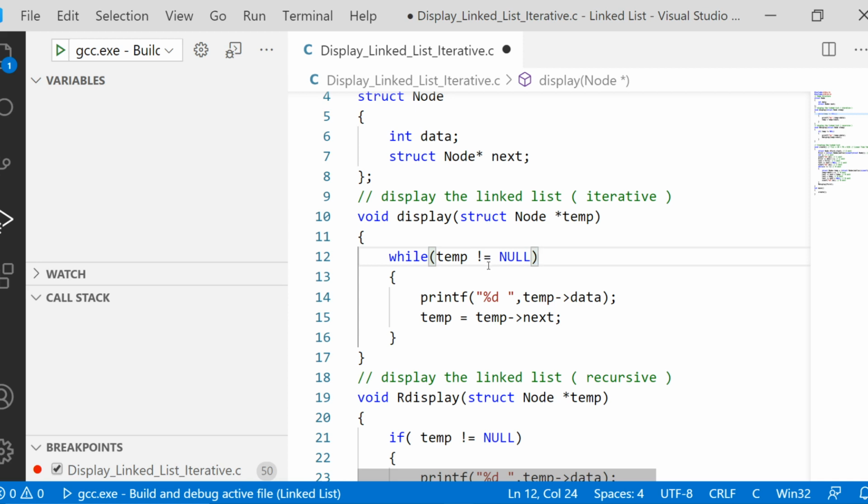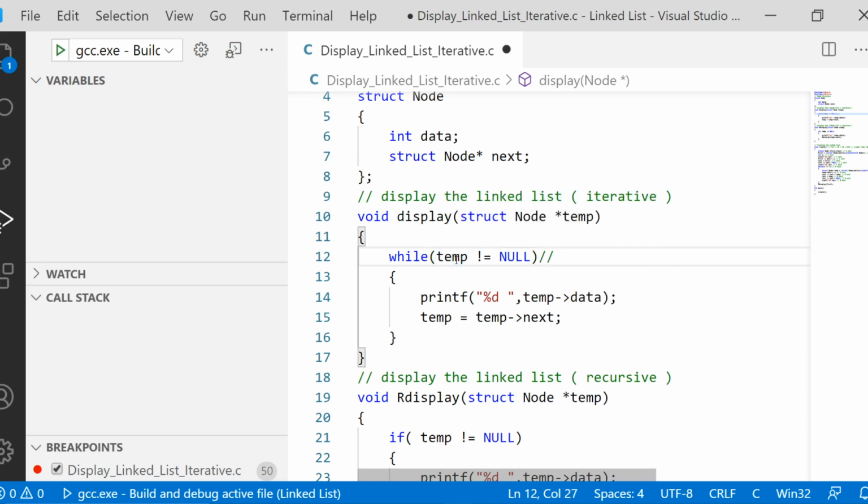I think n plus 1 times, because for the first node you check it, second node, third node, fourth node, fifth node checking. Only 5 nodes we have, but I will move to a sixth node, which is null, and I will also check that null. So totally 6 comparisons if 5 nodes are available. So if n nodes are available, n plus 1 comparisons are done, because one comparison is extra, for null.